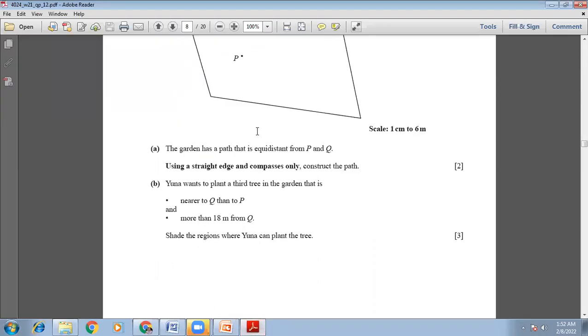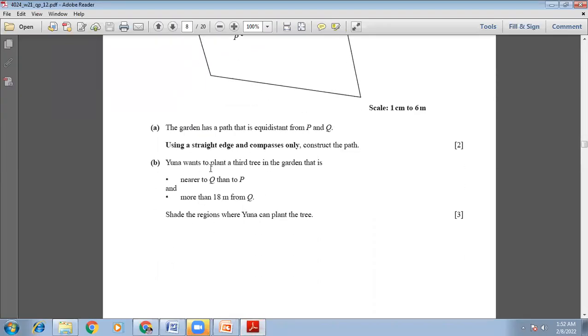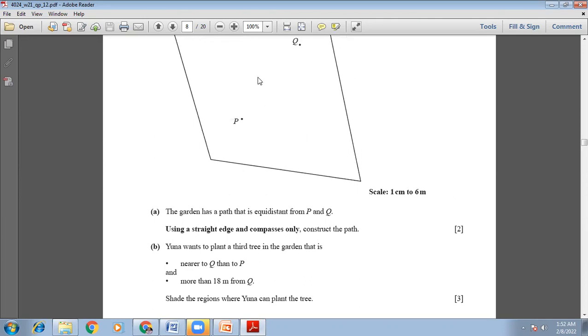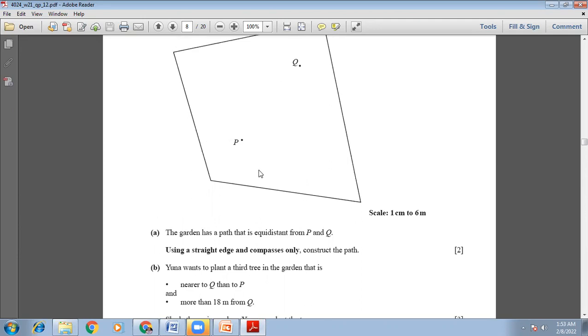Okay, the next part. Yuna wants to plant a third tree in the garden that is nearer to Q than to P. So it has to be nearer to Q. Nearer to Q means when you draw the perpendicular bisector, you will remain on the Q side, and more than 18 meters from Q. If a distance from a point is given, you draw a circle.